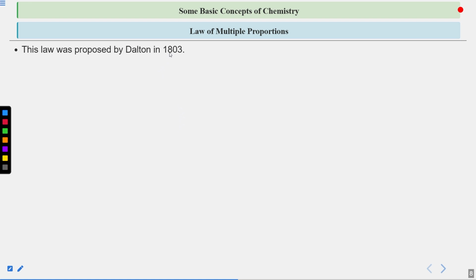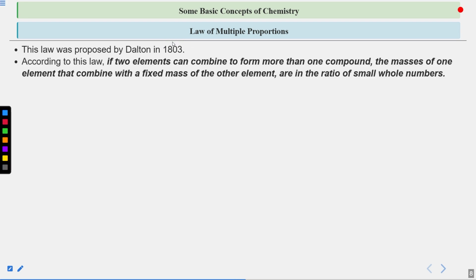This was given by Dalton in 1803. According to this law, if two elements can combine to form more than one compound, the masses of one element that combine with a fixed mass of the other element are in the ratio of small whole numbers.